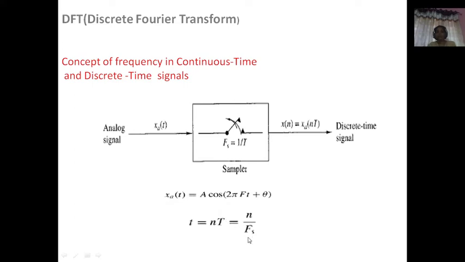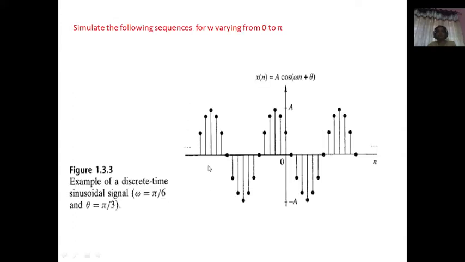So t becomes n by Fs. Simply, in place of t, if you substitute n by Fs, you are able to transform the analog signal to the discrete domain. A simple example is given here: the sample data x of n equals A cos of omega n plus theta, where a certain phase is present.